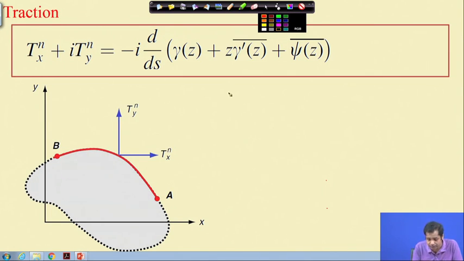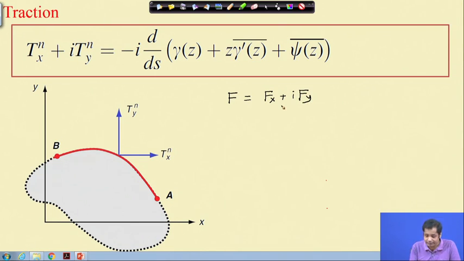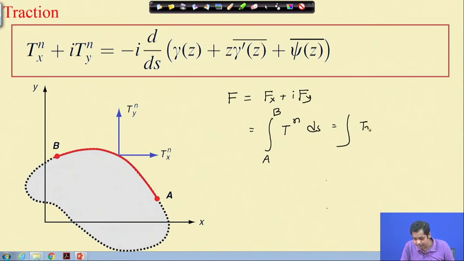The total force can also be written in terms of Fx plus i into Fy. So, that will be the integration of total traction over the entire domain, A to B, times ds. And this traction will be Tx n plus i into Ty n, integrated with ds over A to B.